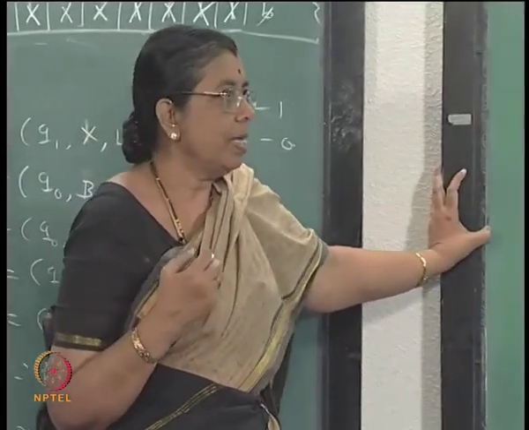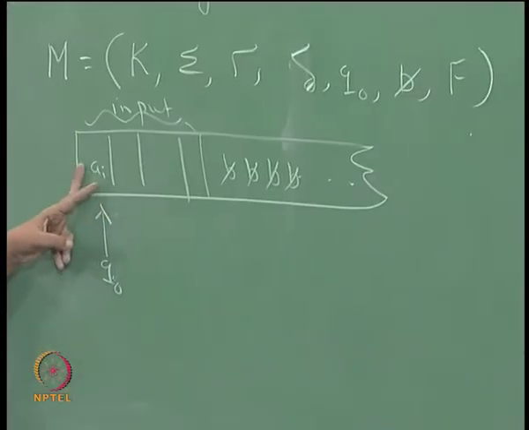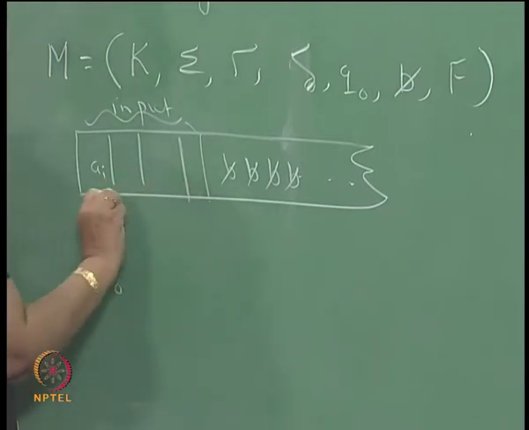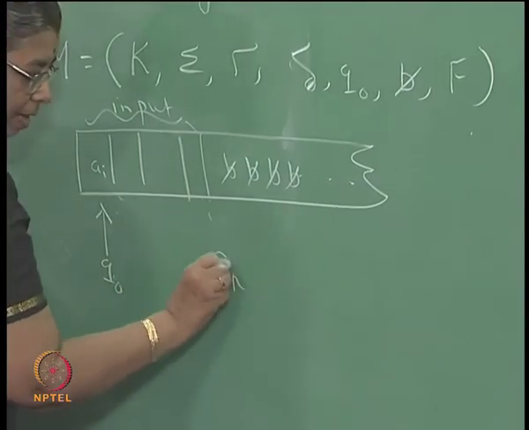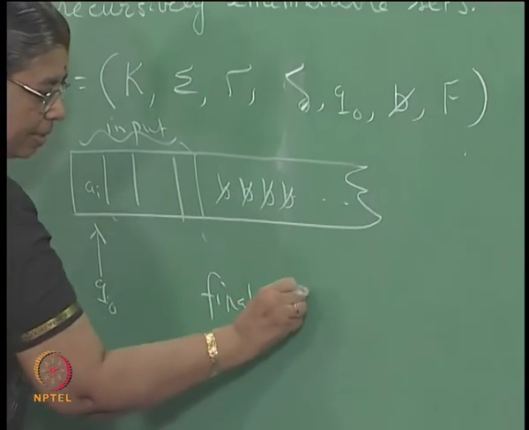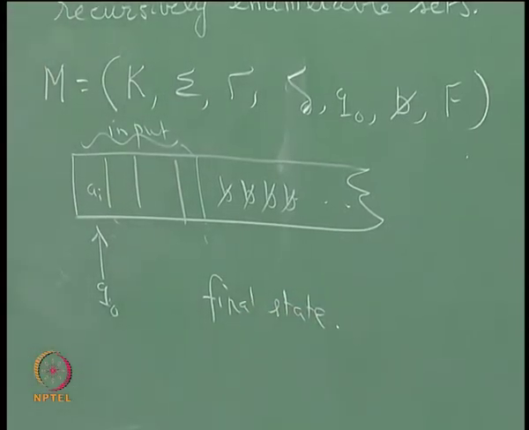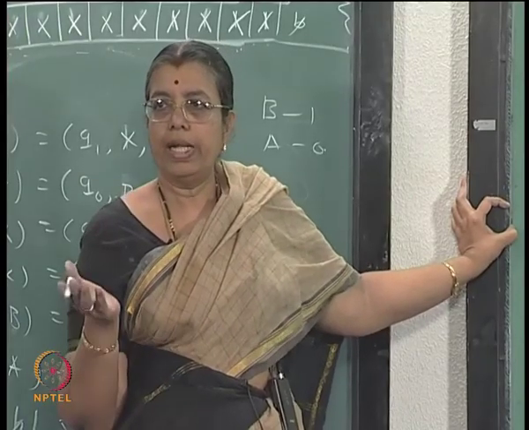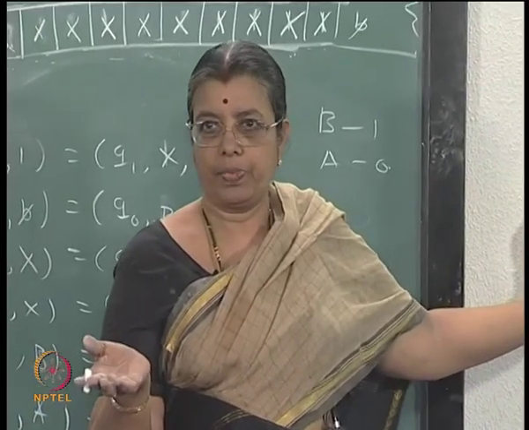But here the machine starts on the leftmost symbol and it keeps on moving in the same manner until it reaches a final state. When it reaches a final state, without loss of generality you can assume that it halts. So, when it reaches a final state, it will stop and accept the input.